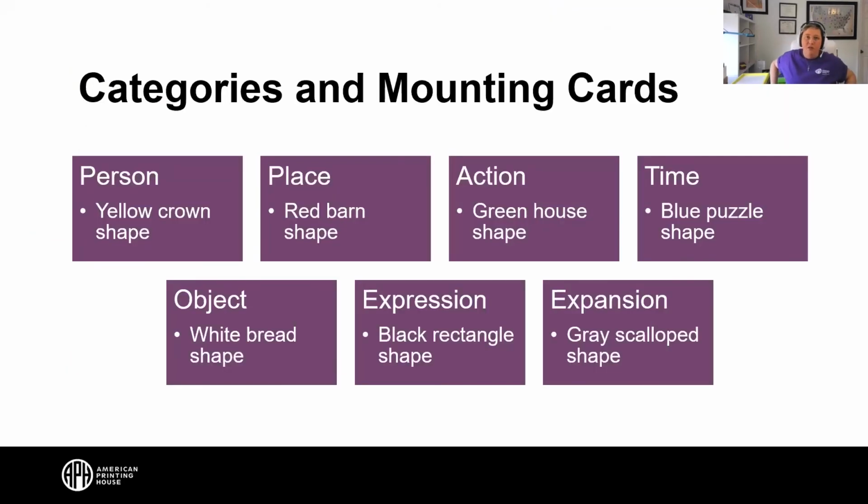If you're following along with the worksheet, there are 7 different colored cards for the possibility of 7 different categories. The book gives you information about examples of which you might want to put together, and the manual is available for free. We'll drop the link in for you. These items can be used the way they were designed, but there are many people who will take these category mounting cards and switch them up.